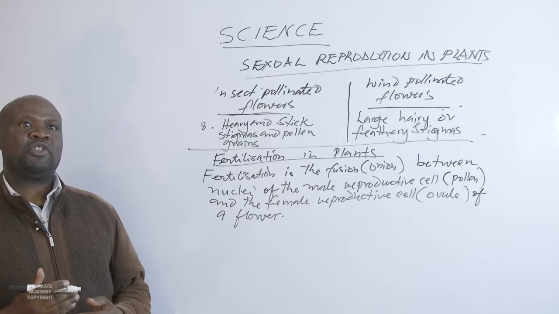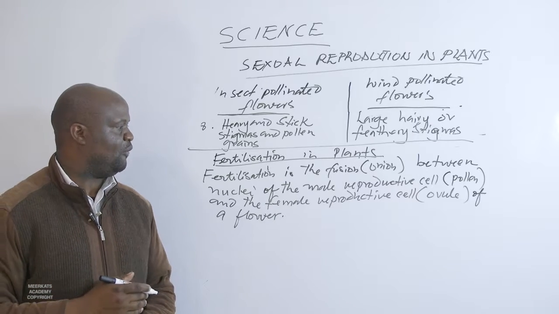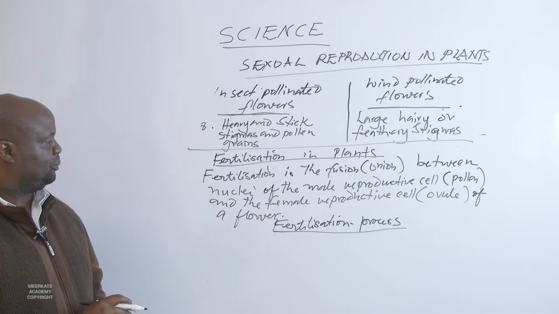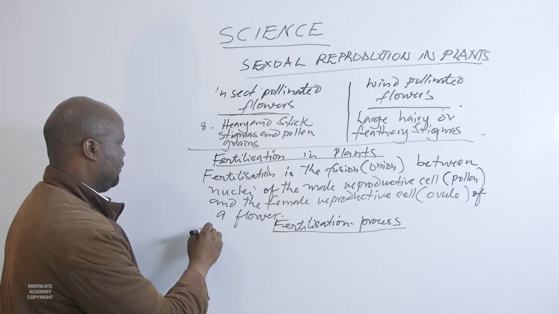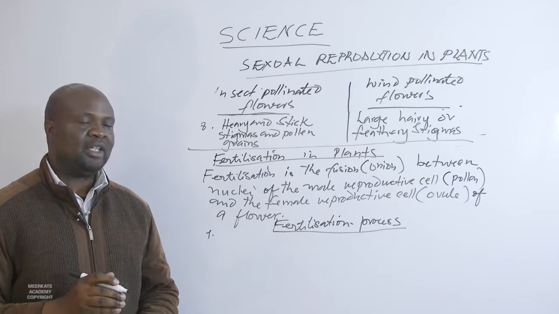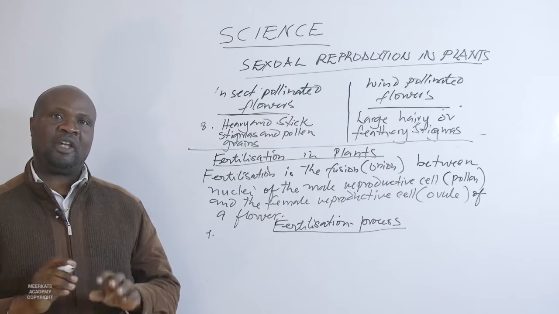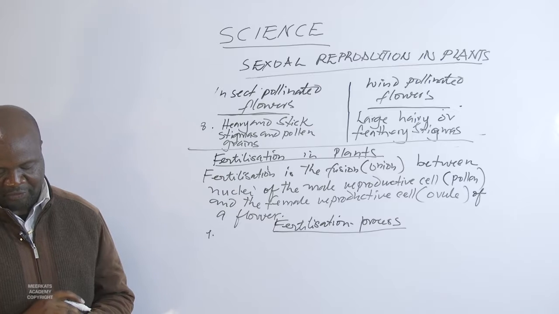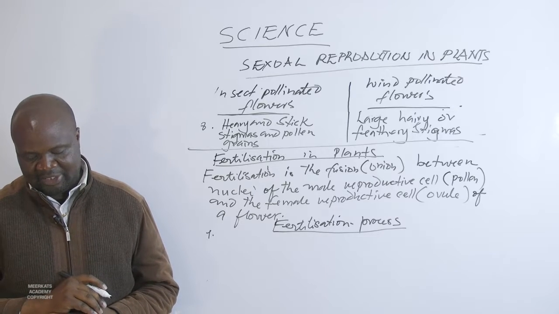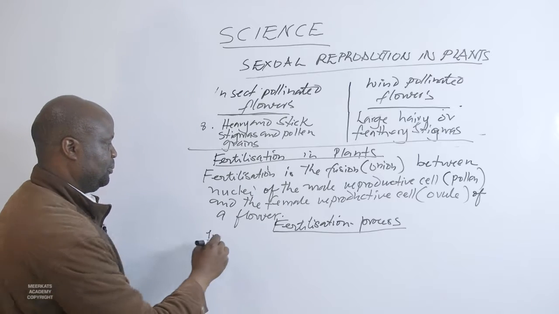Now, we want to see what happens during this process of fertilization. We want an explanation of what occurs exactly during the fertilization process. One, the pollen grain falls on the stigma and germinates and forms a pollen tube.